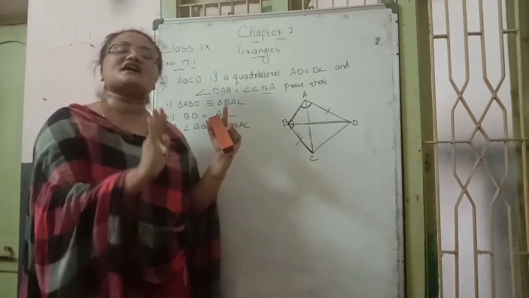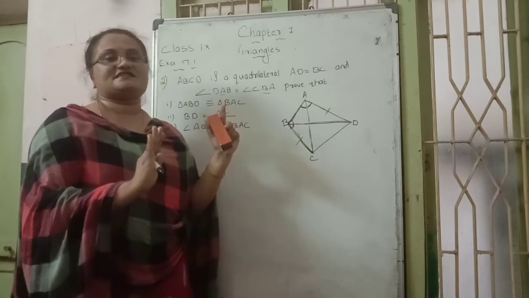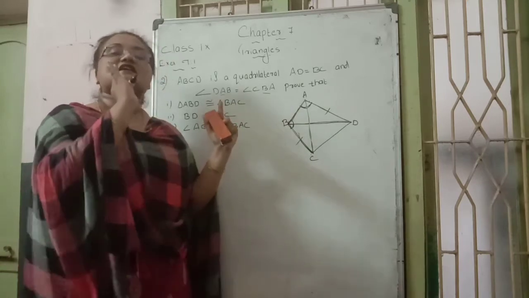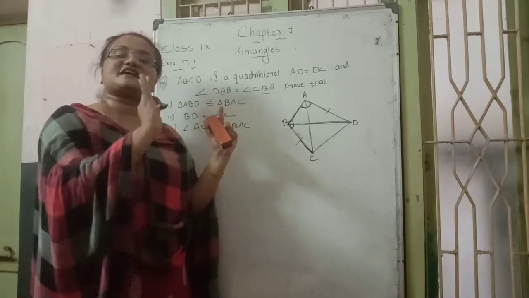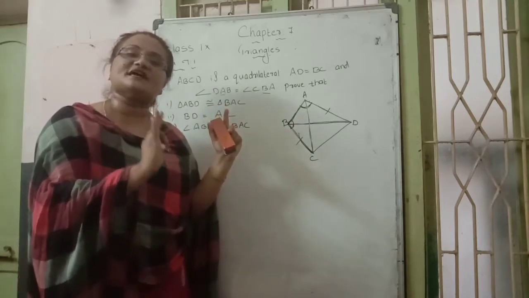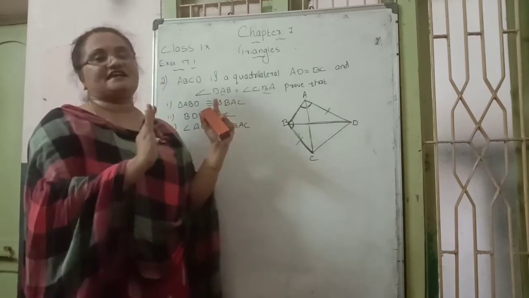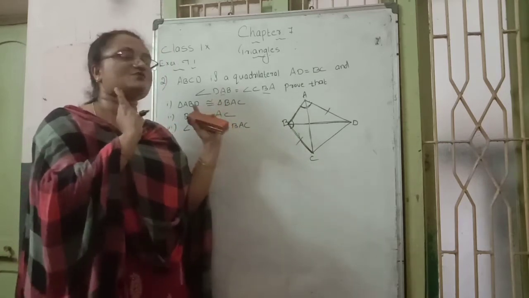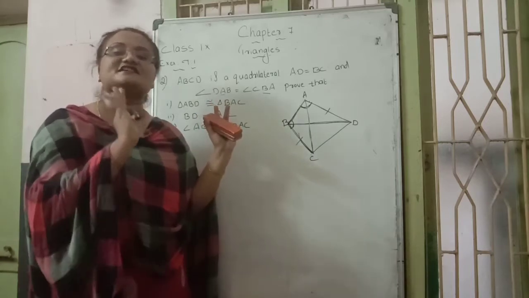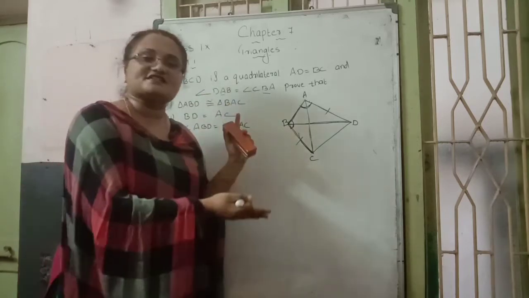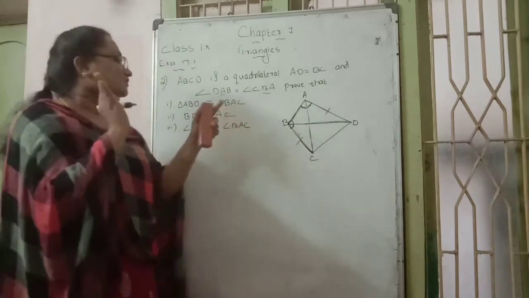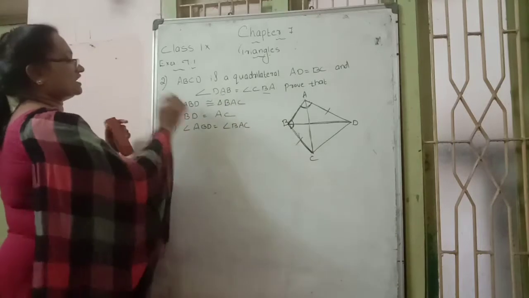Among those 6 elements, if any 3 conditions are satisfied, then we can say the two triangles are congruent. Applying any 3 conditions, we say the triangles satisfy the ASA, SAS or AAS property. For that, we want to prove the first case.